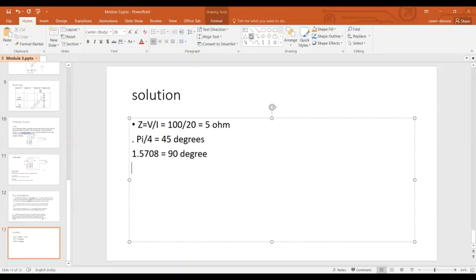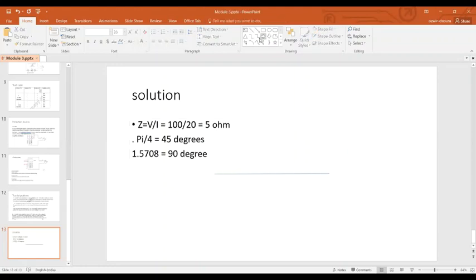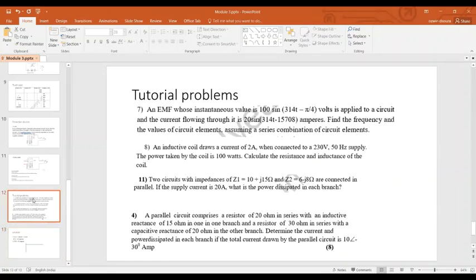So for that, you can just draw the vector diagram, take some reference x-axis. Okay, I'll just draw the reference axis, x-axis, and this is my y-axis. And then let me draw my voltage, right?